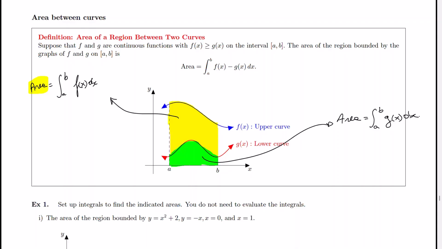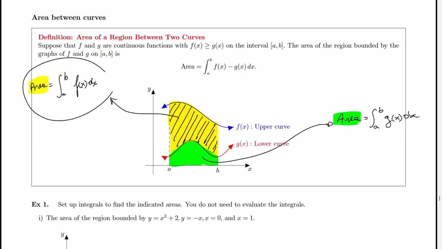So if I wanted to know the difference between those two areas, the space between the f and the g function, which is this region over here, then all I have to do is take the larger amount and subtract from it the smaller amount. This would be the yellow minus the green. And because both integrals have the same bounds from a to b, and we're integrating with respect to x in both cases, combining this integral minus that integral results in the formula that we have in the middle of the page.